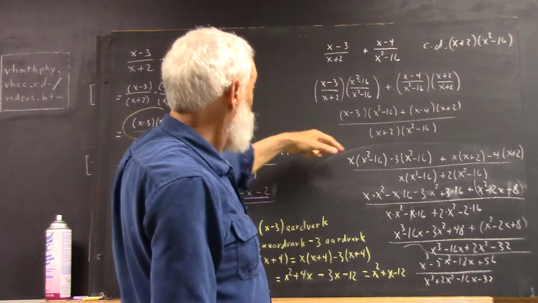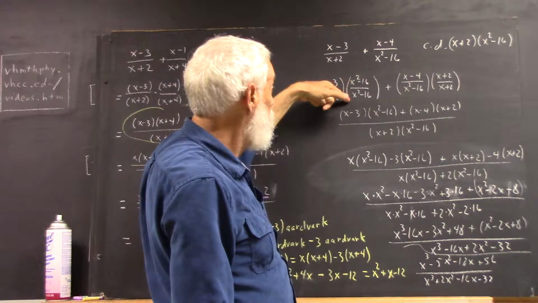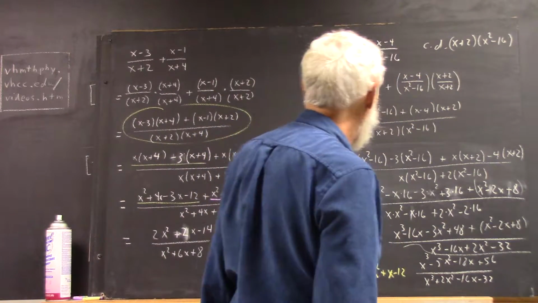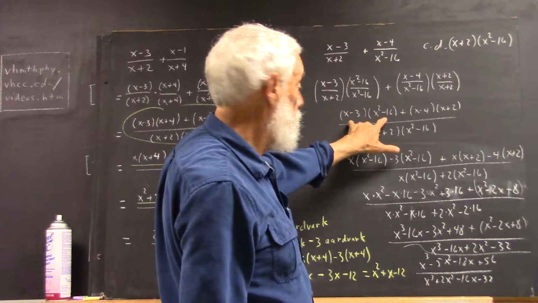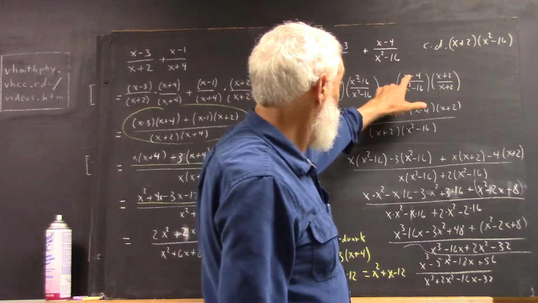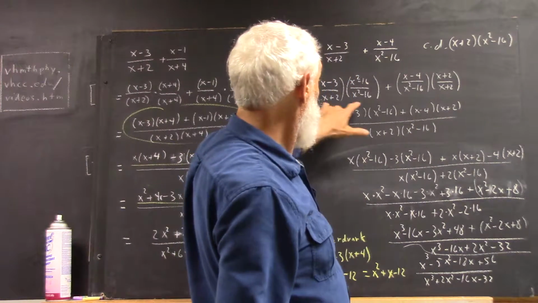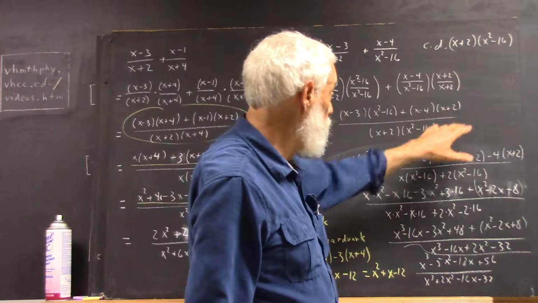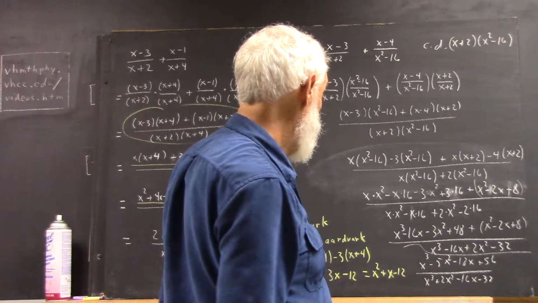So we multiply numerator and denominator here by x squared minus 16. Here we multiply numerator and denominator by x plus 2. When we do, we clearly get x minus 3 times x squared minus 16 and x minus 4 times x plus 2. And each of those is divided by the same denominator, so we can combine the numerators and use the common denominator, and there we have it.